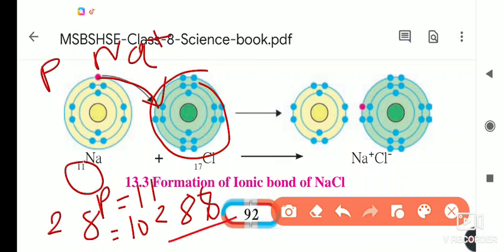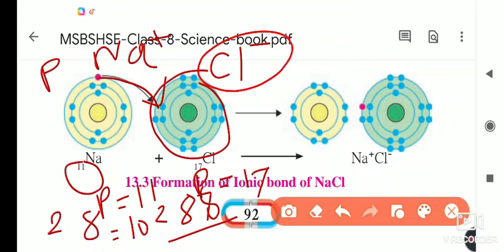Now how many electrons does it have? 2, 8, 8, that is 18 electrons. And how many protons are there in chlorine? 17 protons and 18 electrons. One electron is more in the chlorine, and that's why we get the chlorine anion.